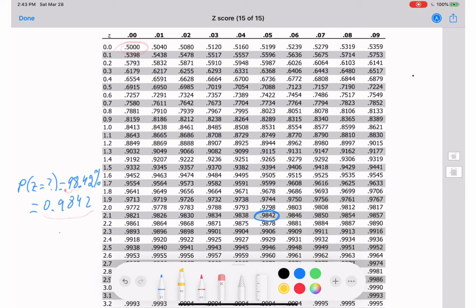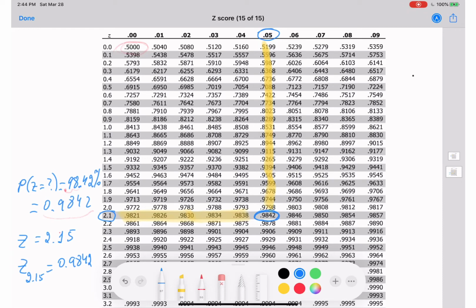Okay, so it's coming this way for z-score, and decimal notation for z-score comes this way, which means we get z-score is equal how much? 2.1 and 0.05. So if you add them to each other, you will get 2.15. So from here we can say that z-score 2.15 is equal to 0.9842. Are we good?